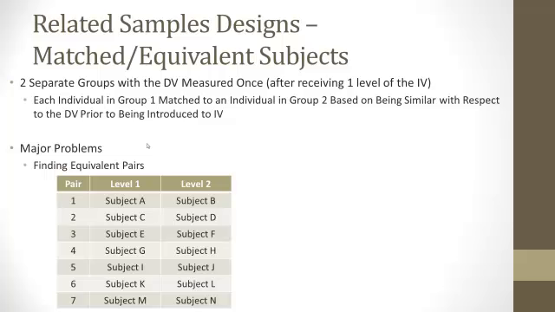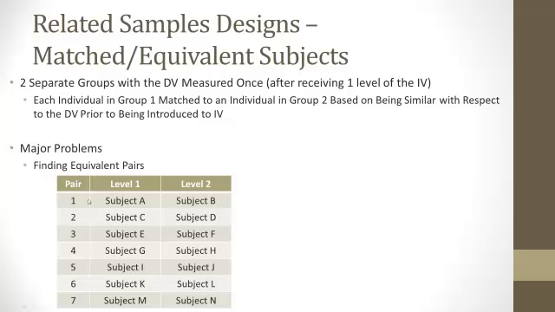Because for all intents and purposes, when it comes to what you're interested in studying, you've made them equivalent with regards to what you're measuring, the dependent variable. So for instance, if you were doing that pain study, level 1 could be morphine, level 2 could be fentanyl, and subject A and B would receive different drugs, but let's say that they were matched previously based on the amount of pain that they were in, or maybe the type of pain that they were experiencing.